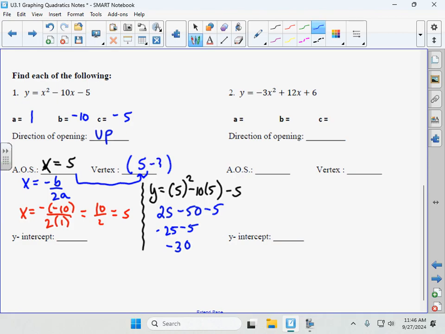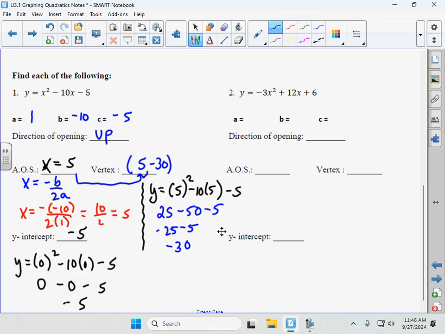So our vertex is 5 comma negative 30. The y-intercept, again, you can find it by replacing all the x's with 0. And it should all come out to be the constant term at the end. And so that would be negative 5. So that's the c value.